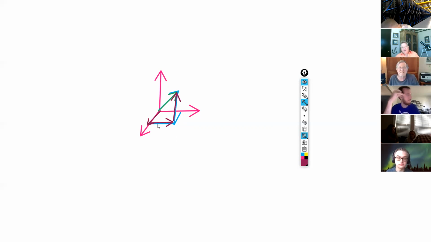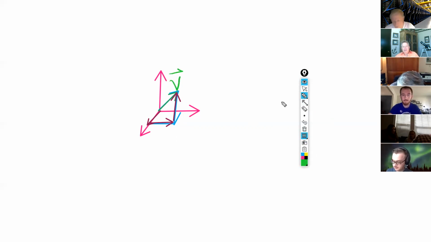If I added this vector plus that vector together, I'd get the real vector. The green one is the actual vector, V, capital V. Those small vectors are the U component, the V component, and the W component. If I add U plus V plus W, I get the total vector.